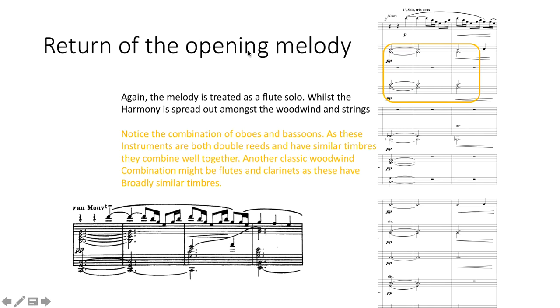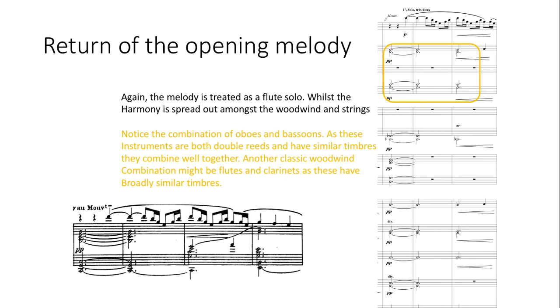And here's the return of the opening melody. So over that big held chord, which is treated in the strings and the oboes and bassoons, we get, again, a solo flute melody over the top. Notice, though, the combination of oboes and bassoons.